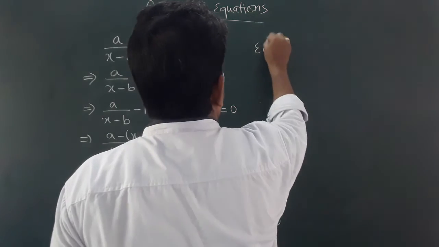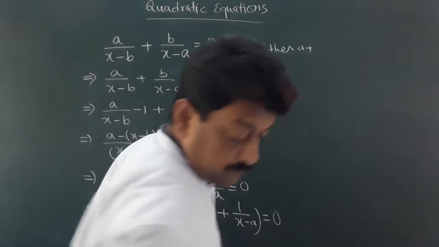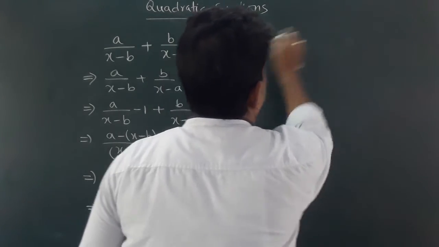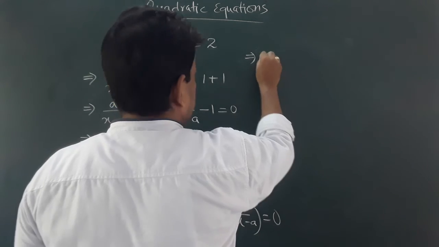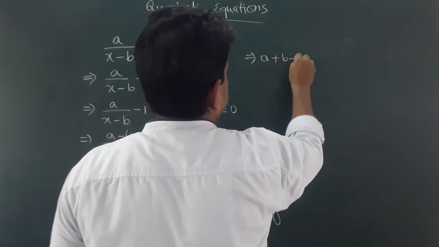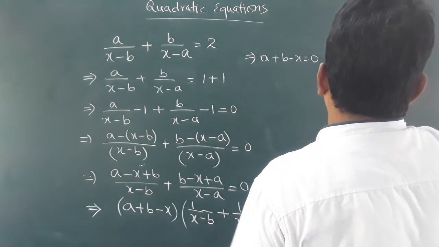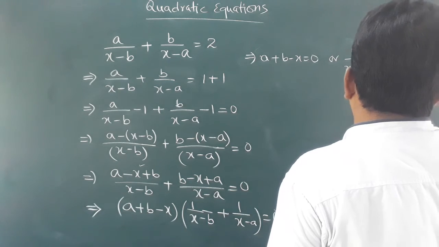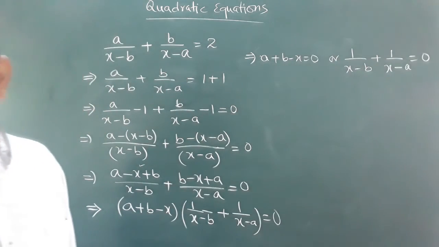So either a plus b minus x equals 0, or 1 upon x minus b plus 1 upon x minus a equals 0. Okay.